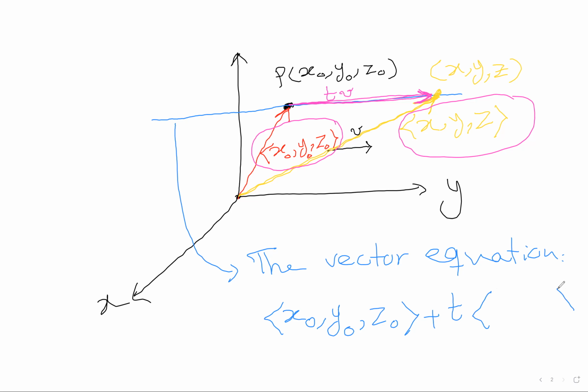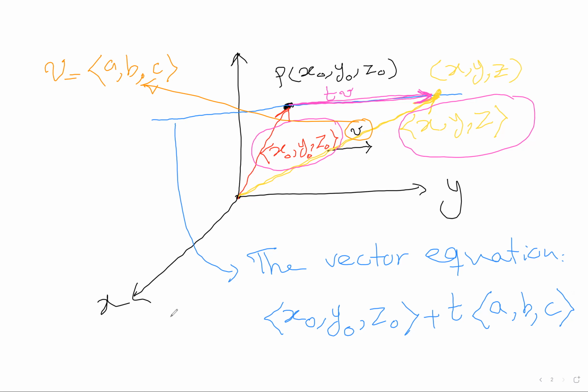Suppose I give coordinates to this direction vector v: a, b, and c. So t times, or scalar multiplication with, the vector a, b, c. So this gives me the vector equation of the line.